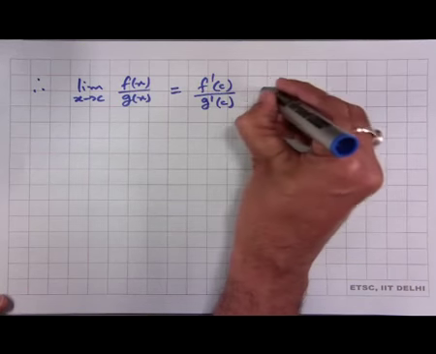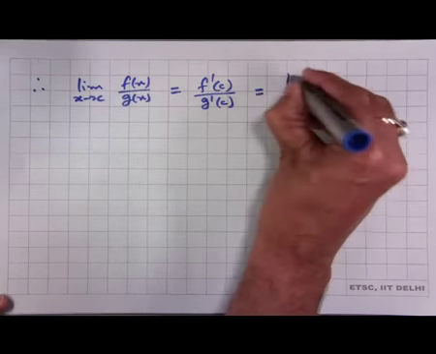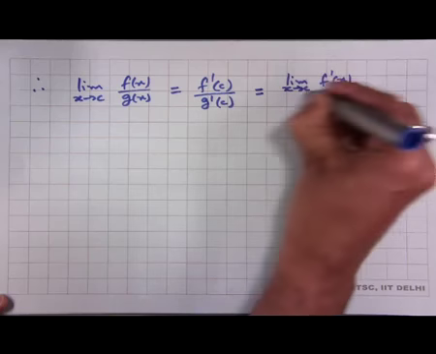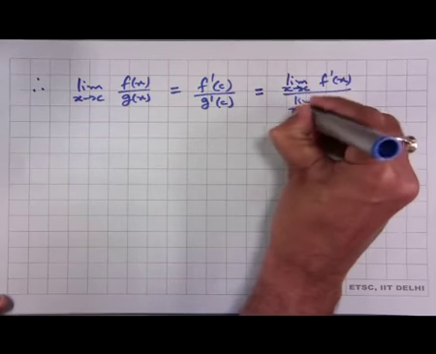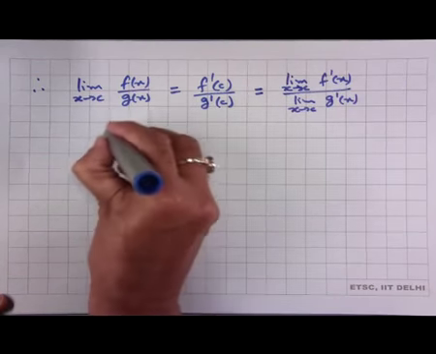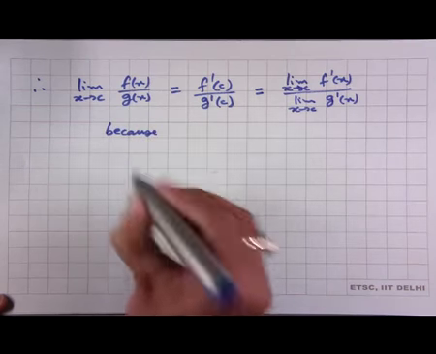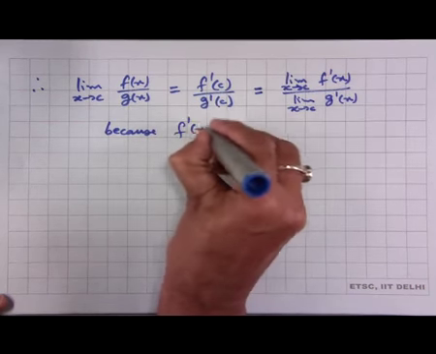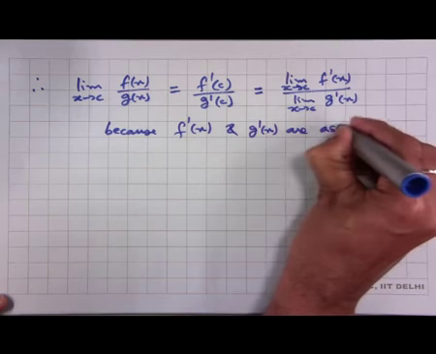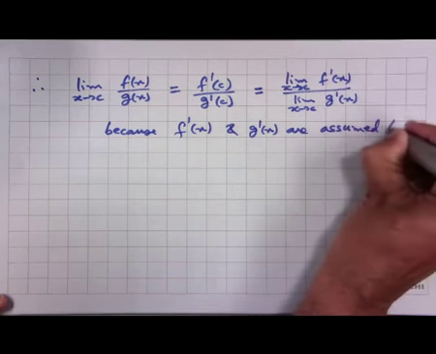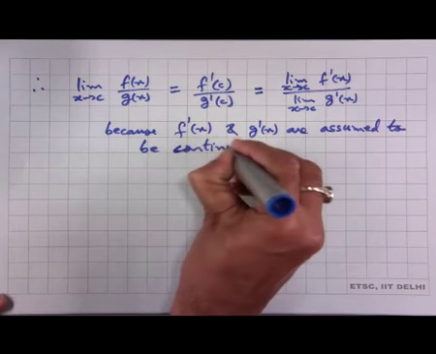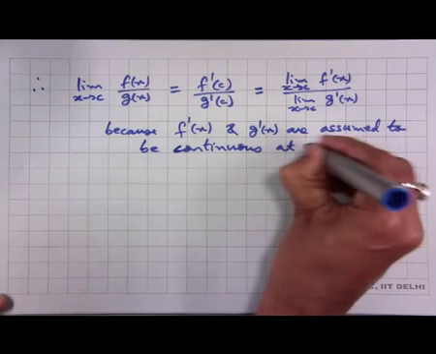But note that this is equal to limit of x going to c of f prime x divided by limit x going to c of g prime x. This is because f prime x and g prime x are assumed to be continuous at x equal to c.